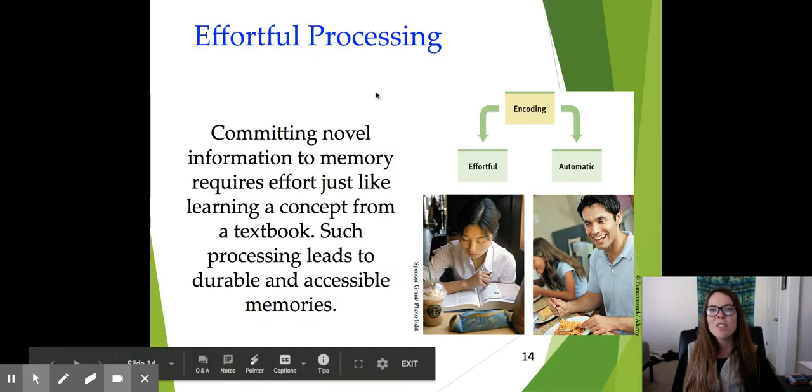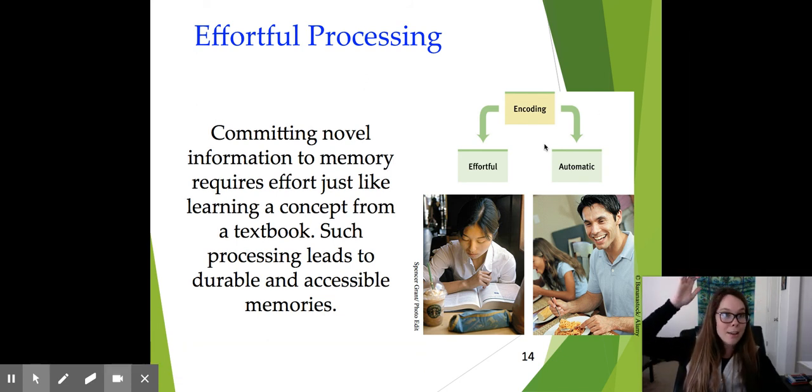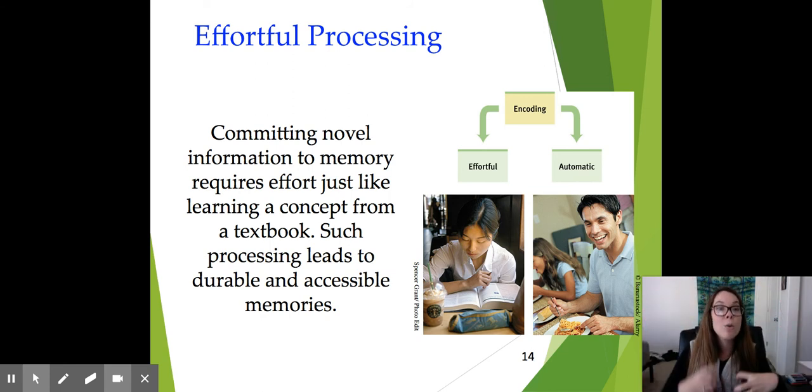All right, so effortful processing. We just went over automatic encoding. Now we have to go over effortful processing. So in your notes, make sure you make a little difference: we just learned about automatic, and now we're learning about effortful processing, where we have to consciously study, right?